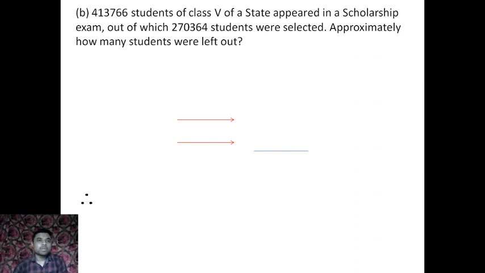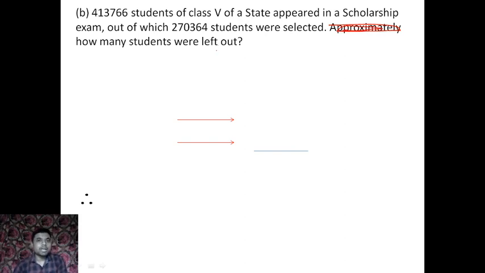Next, B. These students of class 5 of a state appeared in a scholarship exam, out of which these students were selected. Approximately how many students were left out? My dear students, don't think about approximately, forget it. If asked how many students are left, what will we do?